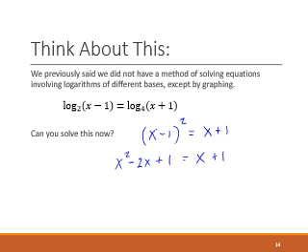And now we're solving a quadratic, so I hope you remember that you should make this equal to 0. So if I subtract x from both sides, this is going to turn into that. And if I subtract 1 from both sides, then the 1 just goes away. Now you have a quadratic that's equal to 0.